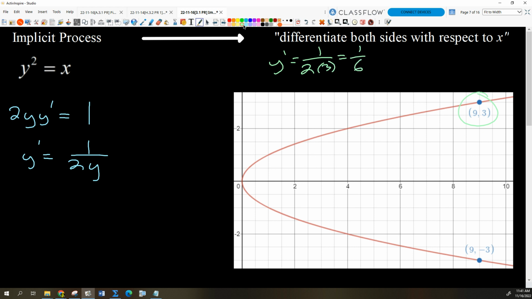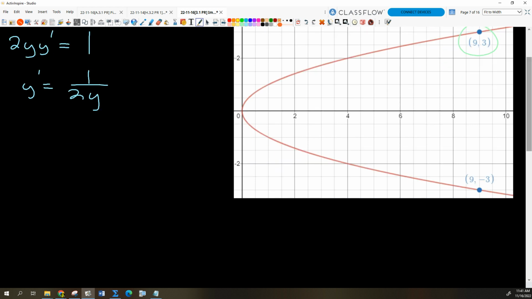It's 1/6. That looks familiar, right? How about down here if we take this one? We get y prime equals 1 over 2 times, what's my y value here? -3. So -1/6.